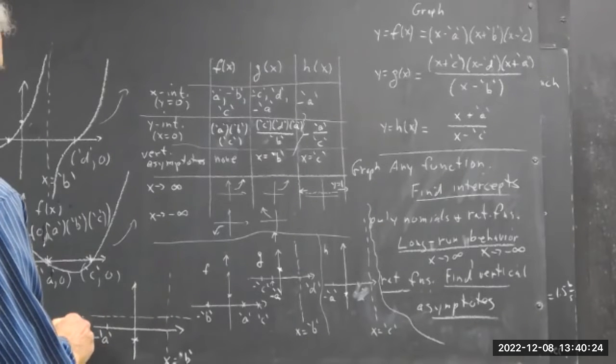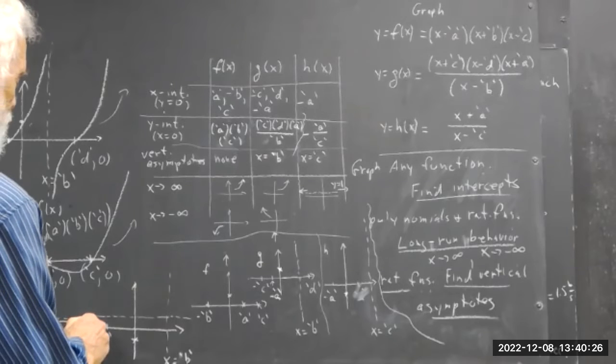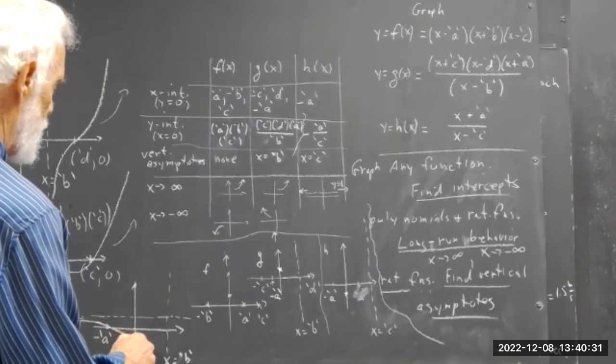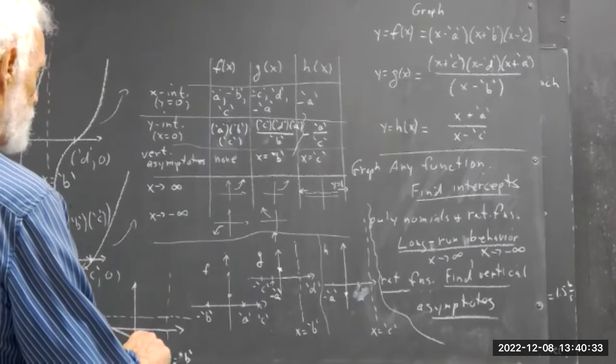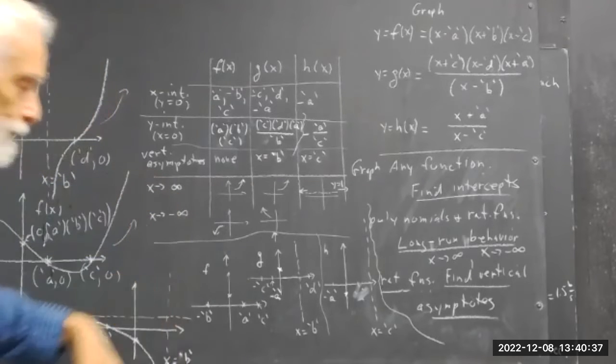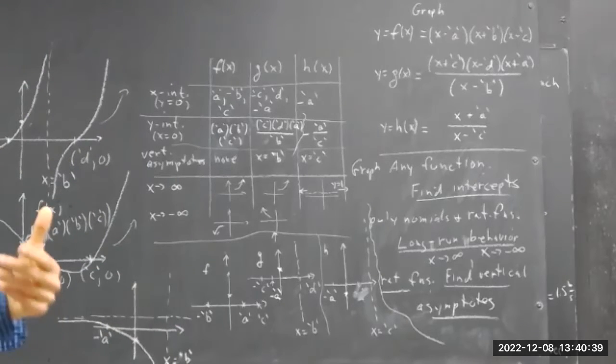So we just stay pretty close to the asymptote until we get here. Then we go down through the intercept here, and eventually we angle down and hit the vertical asymptote.